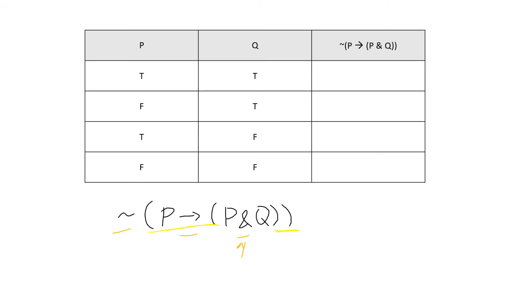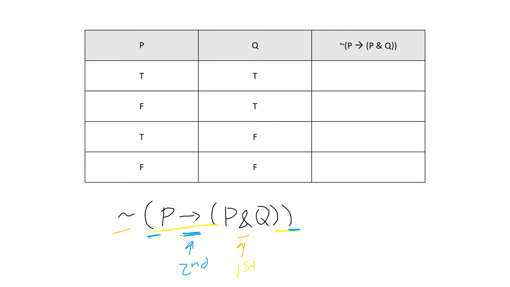So this ampersand is within 2 sets of parentheses. So that's telling us we're going to have to do that one first. Next, this arrow is within this parentheses and this parentheses, so it's within 1 set of parentheses. So that means it's going to be our second one that we're going to have to do.